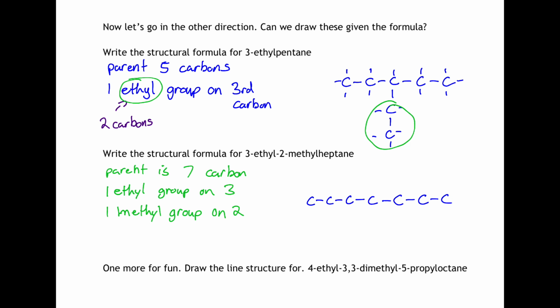I then am going to put my groups on after. So on carbon 2, I've got a single methyl. I'll put that there. And then I will put this ethyl group on here. Now, it doesn't matter whether you go left or right here.